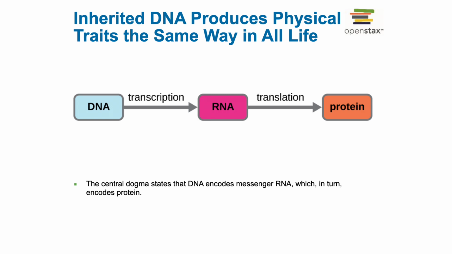Those sequences of bases are used to make an RNA copy of a portion of the DNA molecule, which is then converted to a sequence of amino acids, or a protein. This is the central dogma: DNA makes RNA, which is used to make protein.